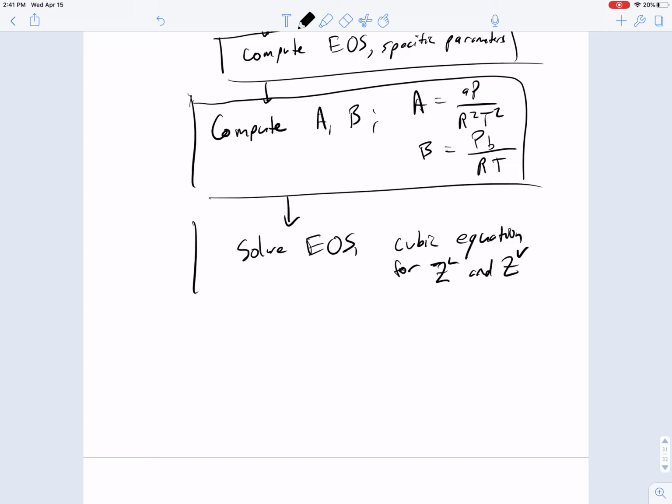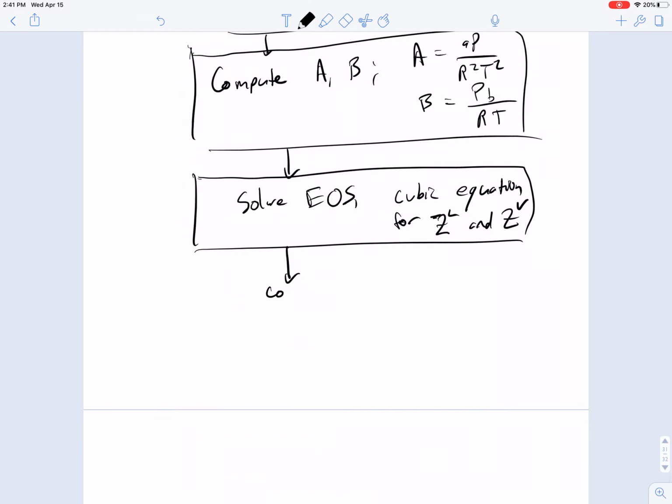And once you have calculated ZL and ZV, you compute the fugacity of the vapor phase, and then you compute the fugacity of the liquid phase.